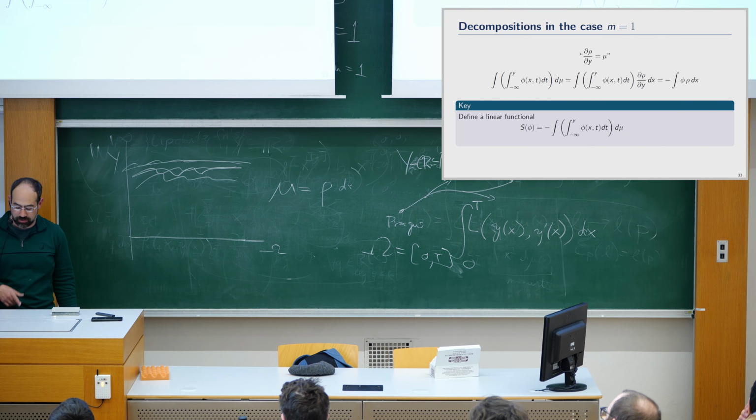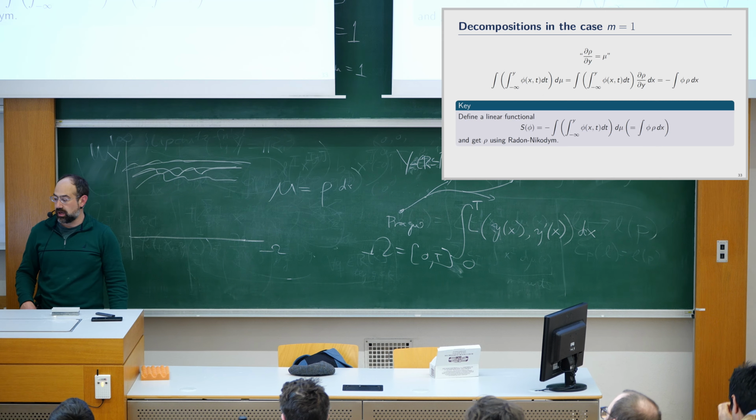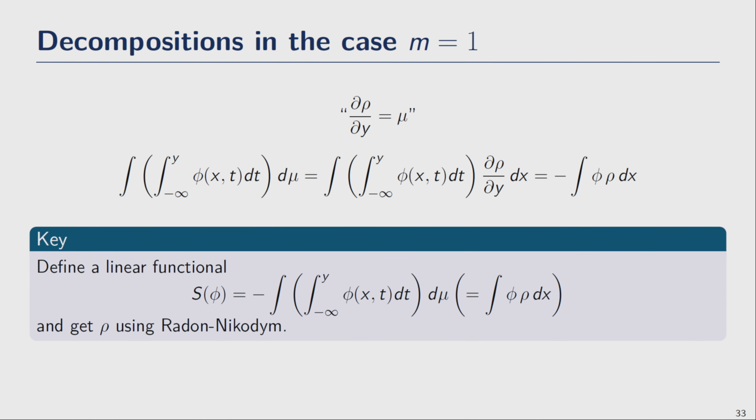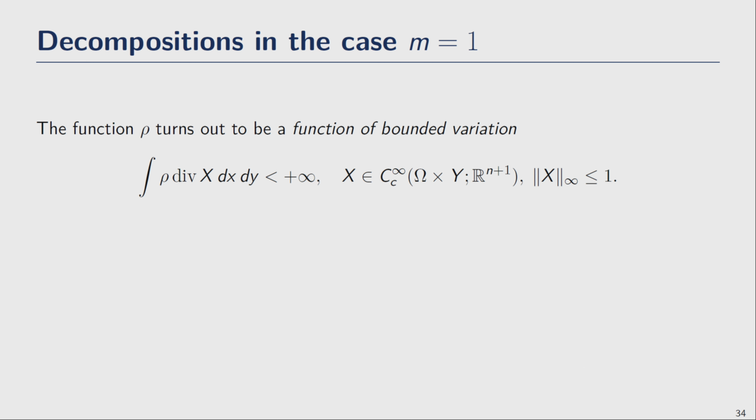You define this functional, which is basically going to give you rho using the Radon-Nikodym theorem, and this is a wonderful idea that was developed by Hardt and Pitts, and they wrote it in a very strange way, but we managed to generalize it and get it to this situation that is now the result we have.